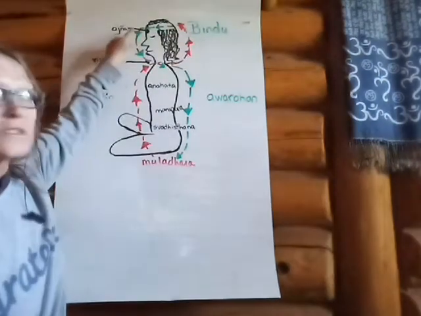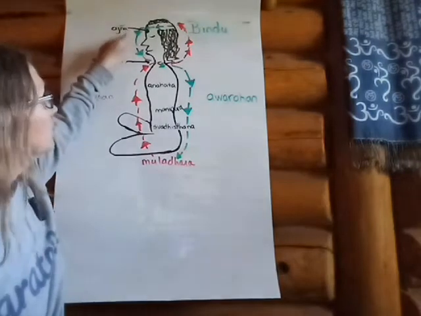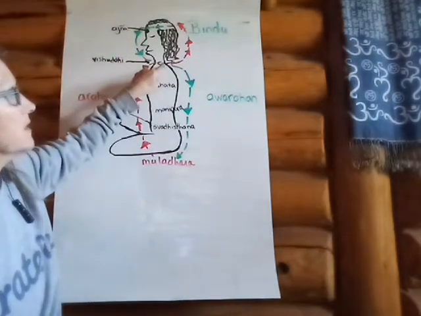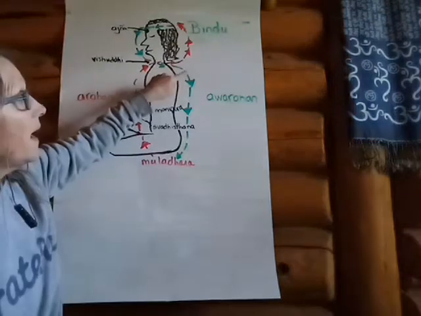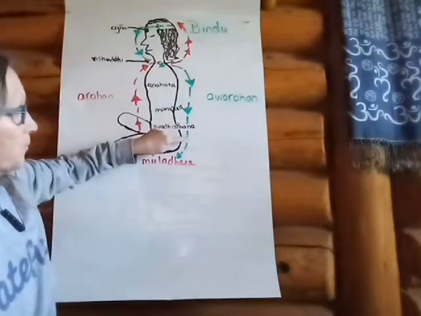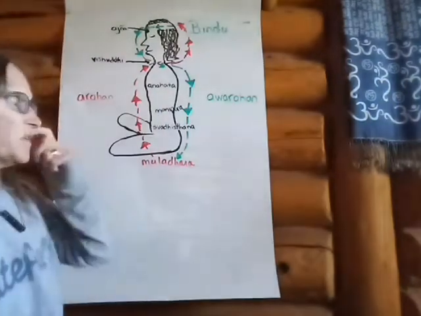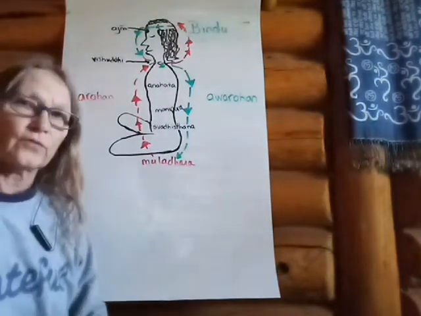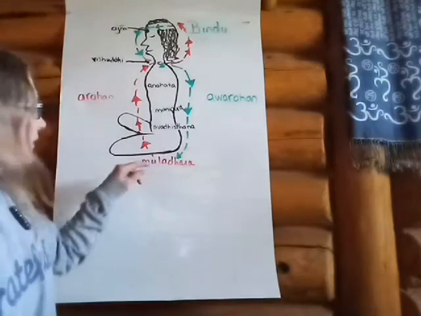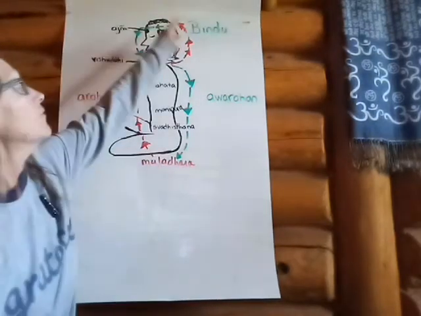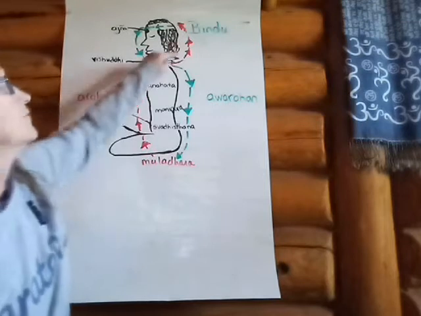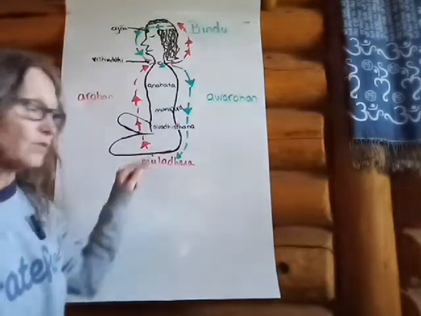So we go across to Agnya, between the brows, and down, exhaling across the throat and all the way down the back of the body to Muladhara. So each time you're going through these rotations of consciousness, it is this figure 8 that crosses at the throat.